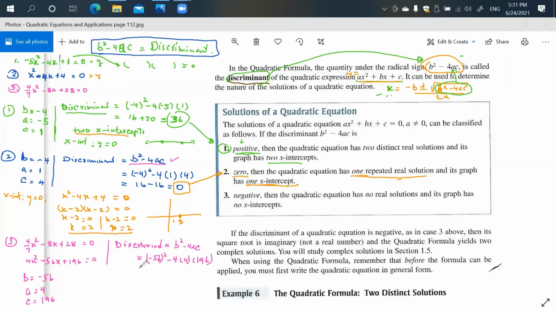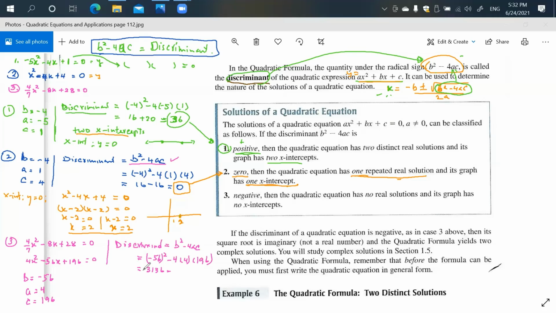Oh, this one is a really large number. So then you have negative 56 power 2, right? Because this is an even index, it comes out with a plus sign. So 56 times 56, we're gonna have what? 3136. Okay, and then this one 4 times 196, comes out minus.